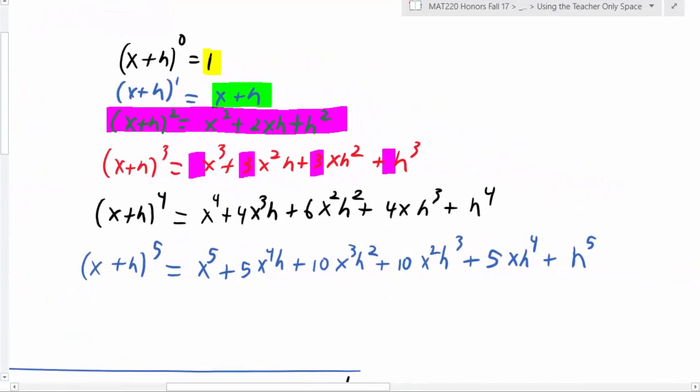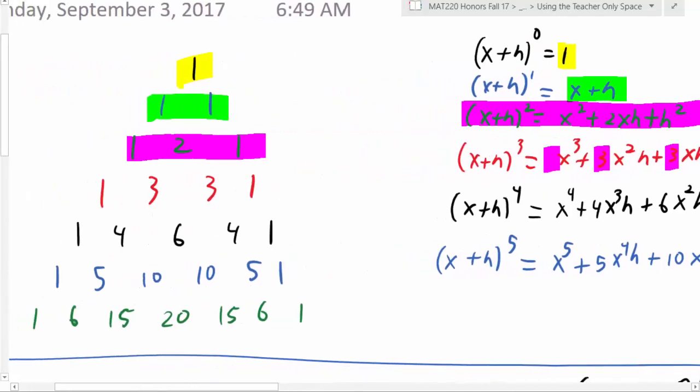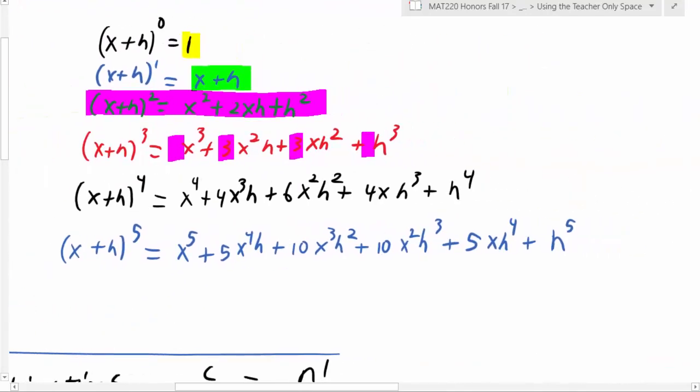When we multiply x plus h out, when it's to the fifth, or expand it, it expands to x to the fifth plus 5x to the fourth h plus 10x cubed h squared, so on and so forth. And hopefully you remember the coefficients are coming from the triangle. So how do you get the rest of it?